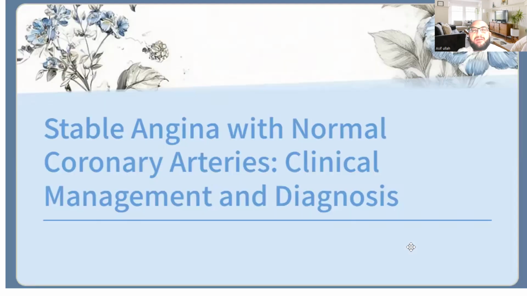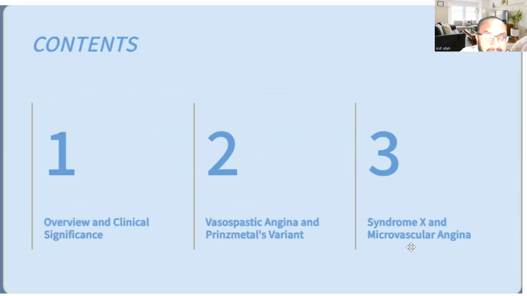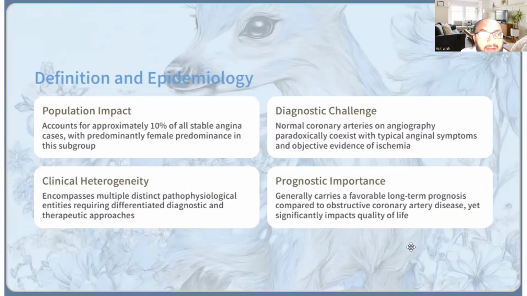Sometimes people have normal coronaries and they still have angina. Who are they? 10% of stable angina, predominantly female patients. There are multiple distinct pathophysiological entities, and obviously, normal angiography or normal arteries along with anginal symptoms is really a diagnostic challenge.